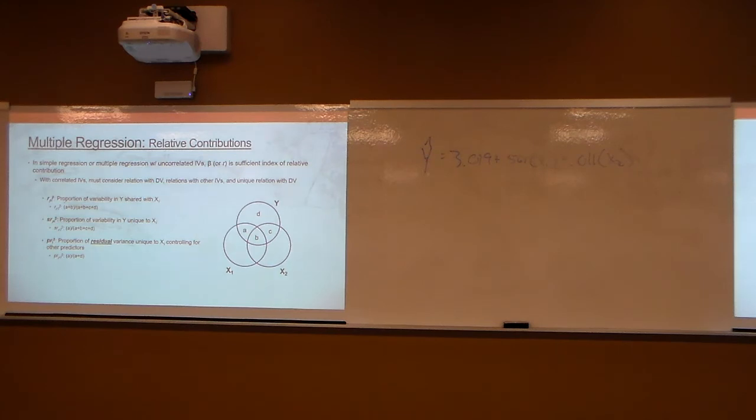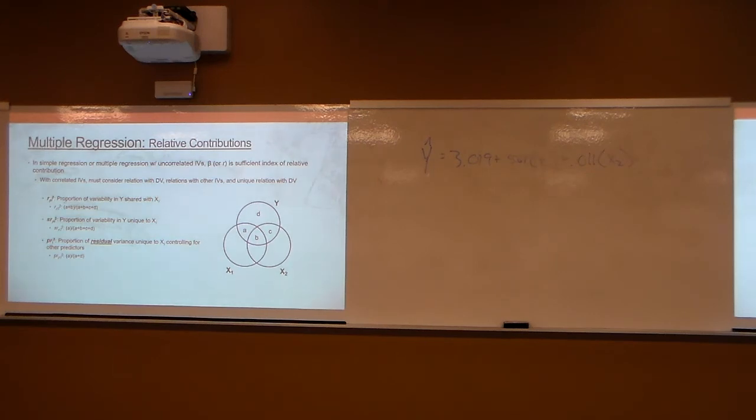Okay, yeah. What does this squared partial correlation sound like from last semester? Partial eta squared. Partial eta squared, right? This is just a partial eta squared. It's functionally the same thing. ANOVA is just a special case of regression. There's nothing unique going on there except for the way we're talking about this stuff.